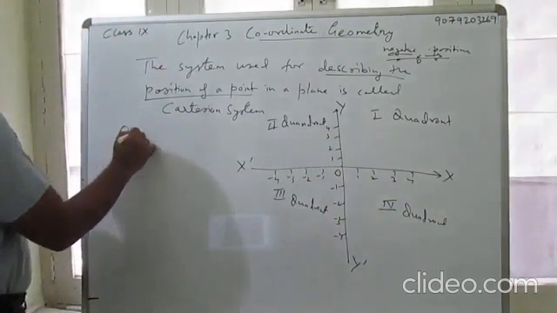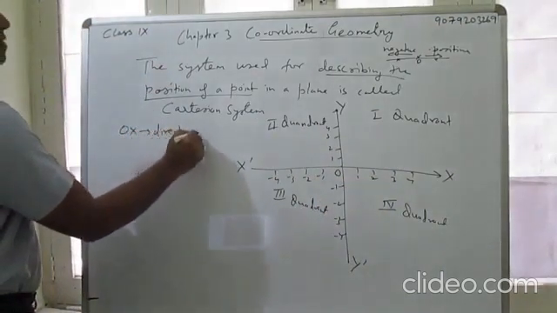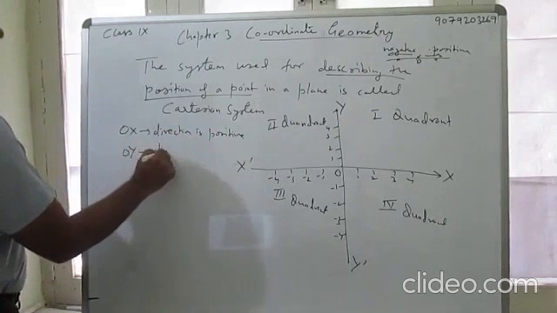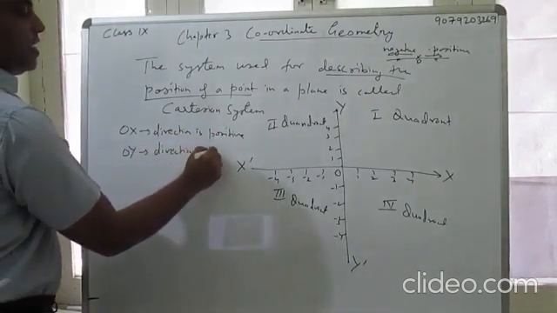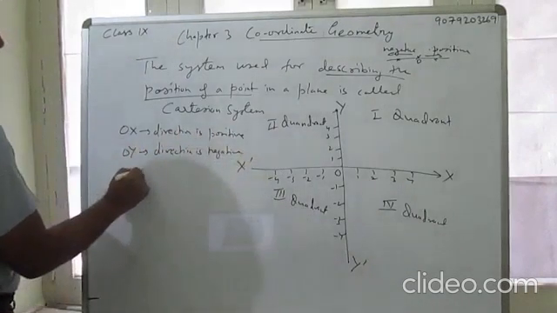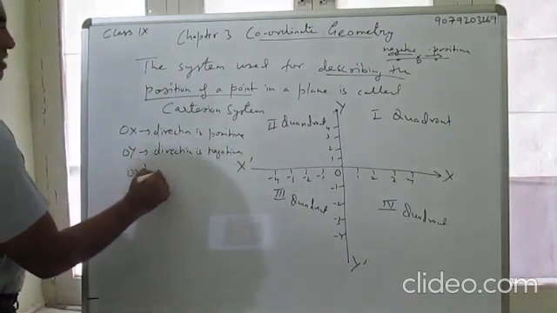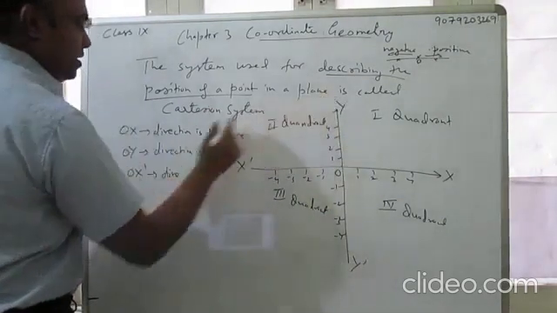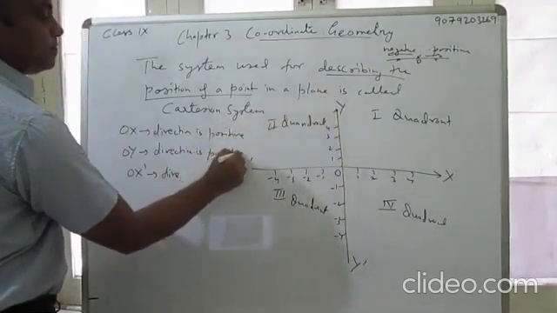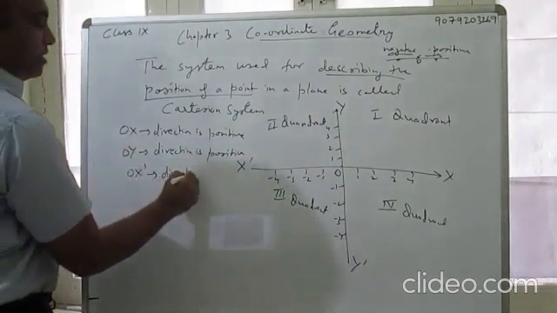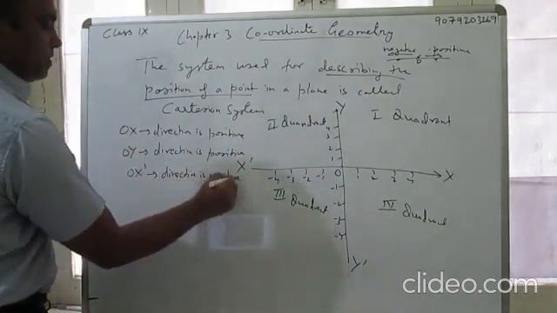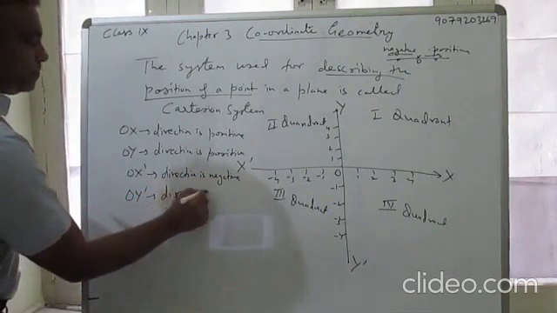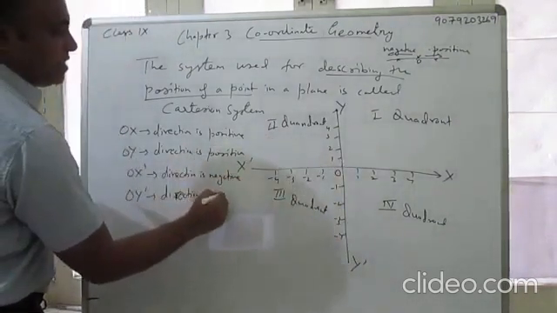The OX direction is positive, OY direction is positive, OX dash direction is negative, and OY dash, the downward direction, is negative.